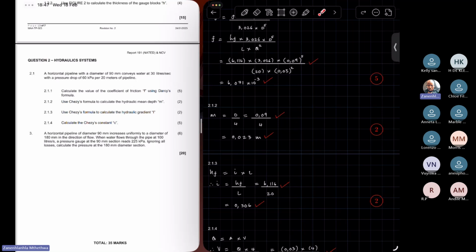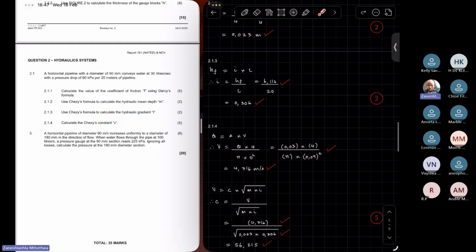So 0.09 divided by 4 is 0.023 meters. You get your 2 marks. Straightforward. And then 2.1.3 says use Chezy's formula to calculate the hydraulic gradient, I. So you now have to calculate I.